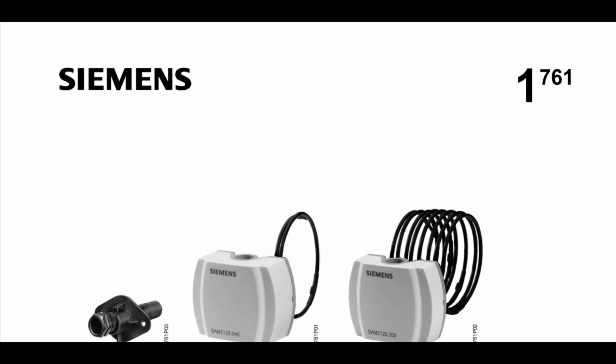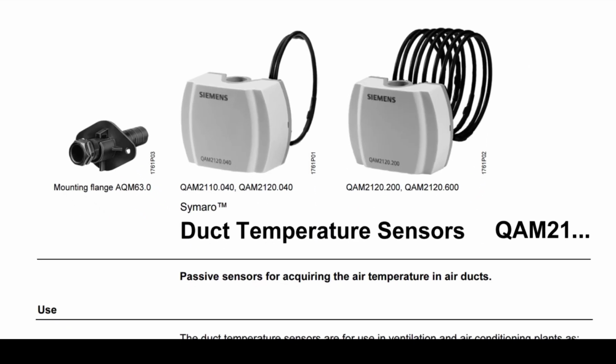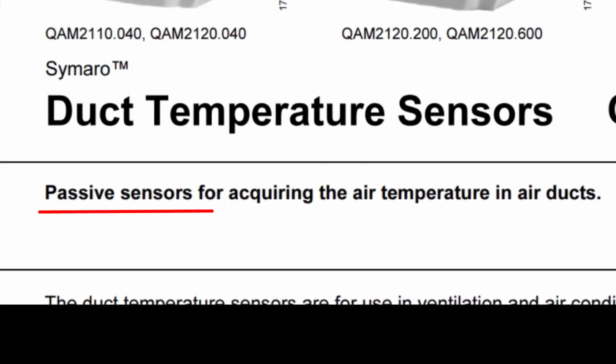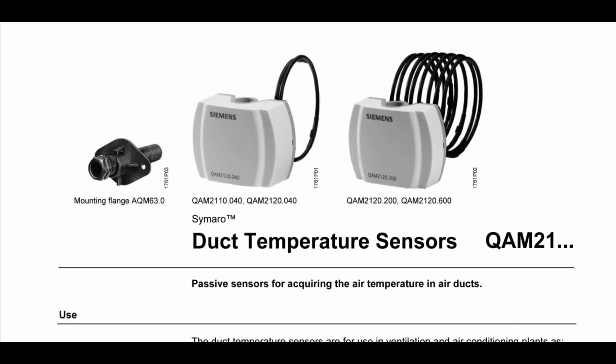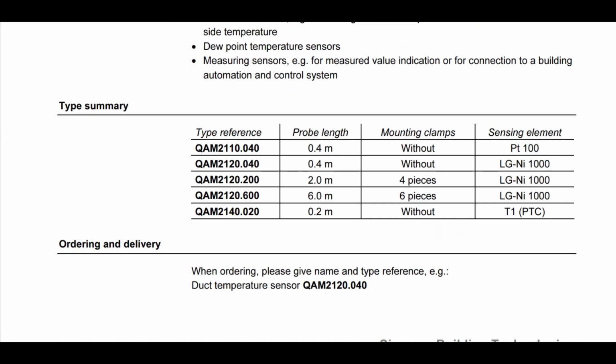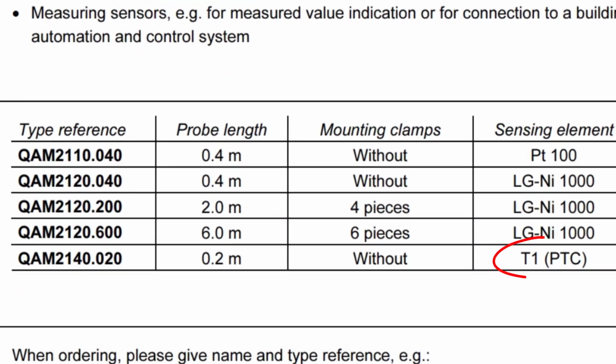Now let us see their datasheets to determine the sensor classification. This is the QAM2140 datasheet. As we scroll down, we can see already that this sensor is a passive sensor. The sensing element of the QAM2140 is T1 PTC.